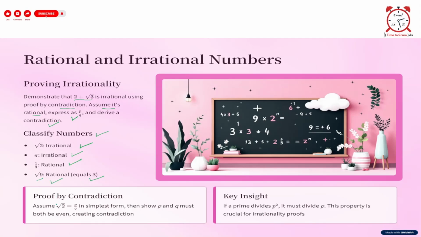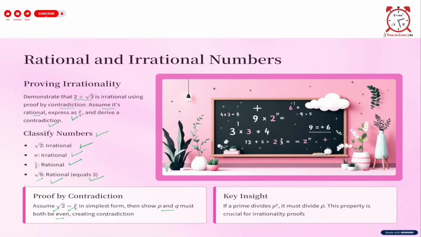Now most important questions, proof by contradiction. Root 2 is an irrational number. So assume root 2 as p upon q in simplest form. Then show p and q must both be even. You know that they have the common factor 2.